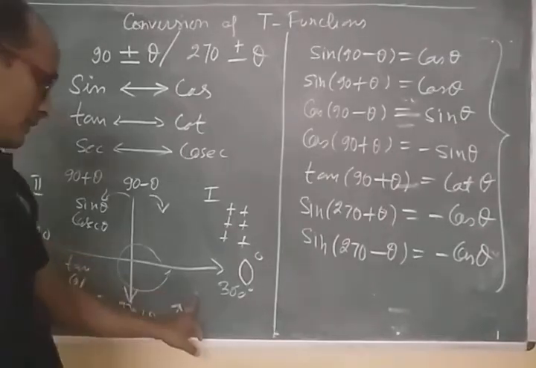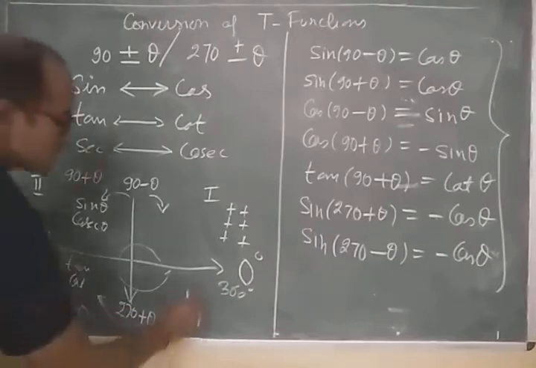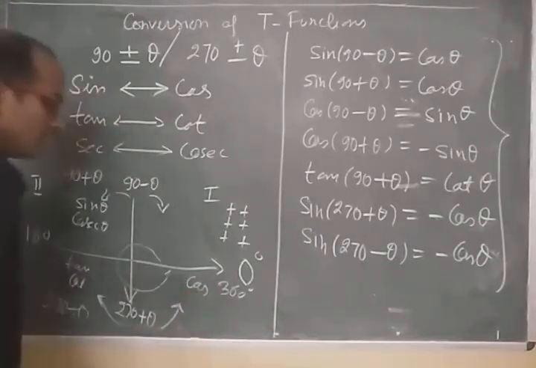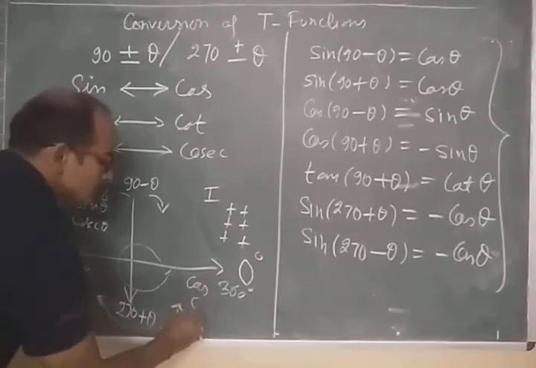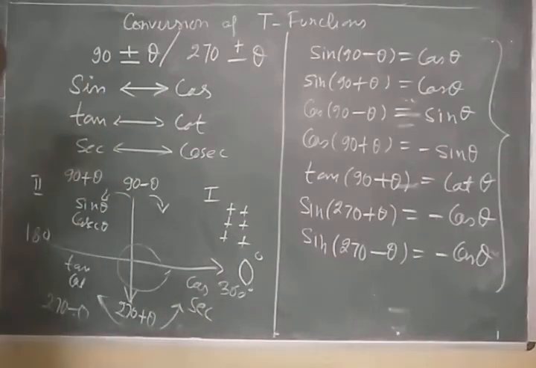And in the fourth quadrant, two are positive: one is cos and the second is the reciprocal of cos, that means secant. So according to sign means according to these signs, for 90 plus theta or minus theta, or 270 minus theta, 270 plus theta.